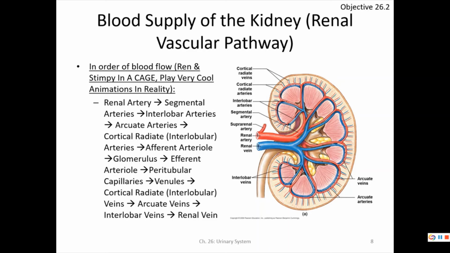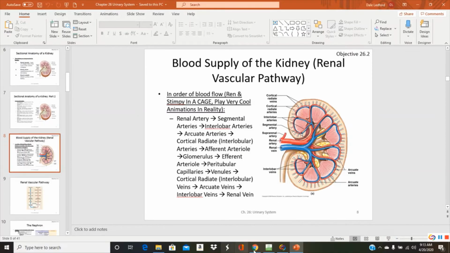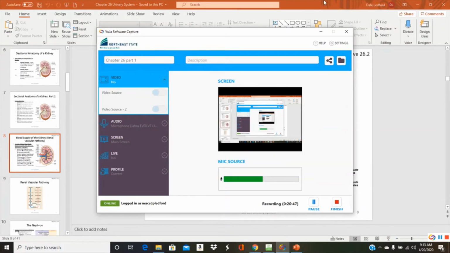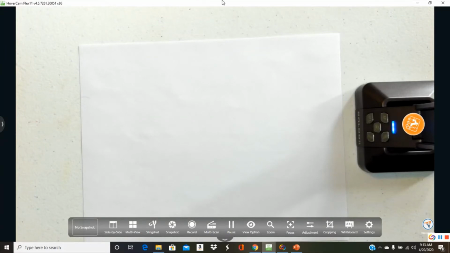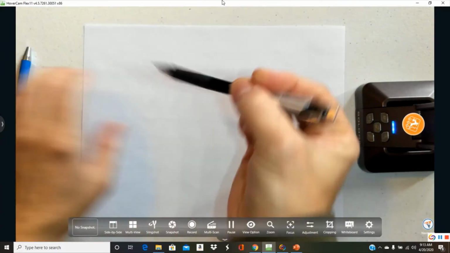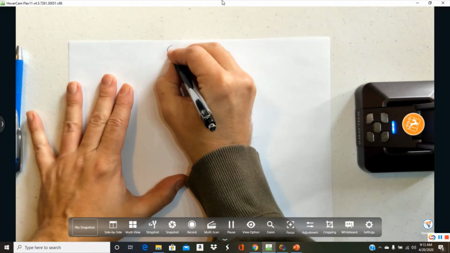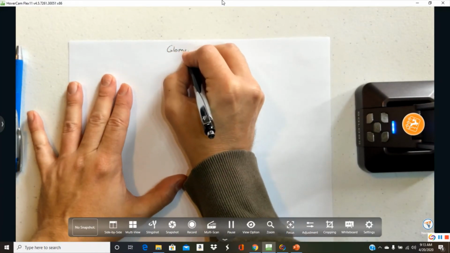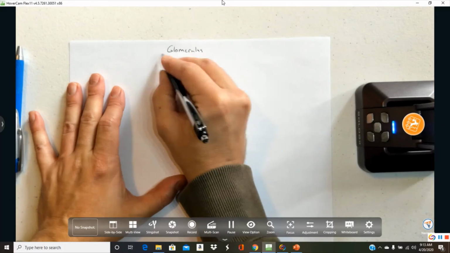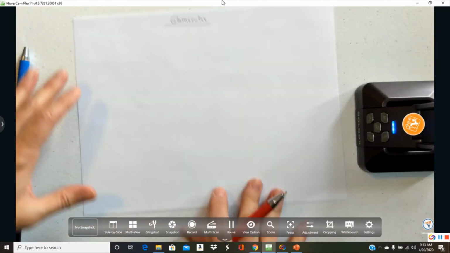Anyway, so it works for me: Ren and Stimpy in a cage play very cool animations in reality. Okay, so let's help us understand good old Ren and Stimpy in a cage. What I want to do is up top here, I'm going to write glomerulus. That's a good word right there, glomerulus.